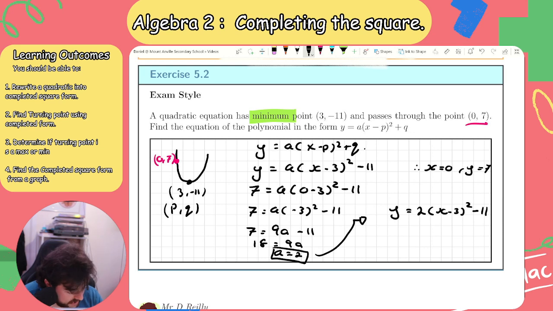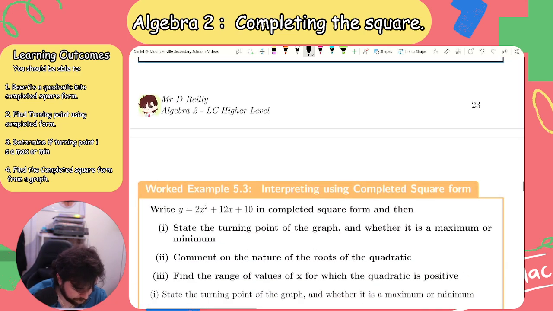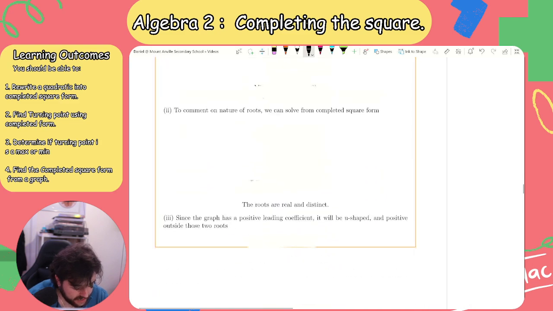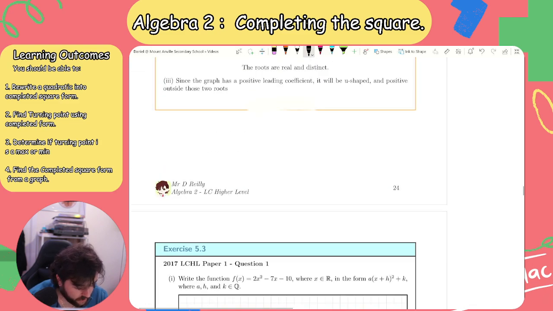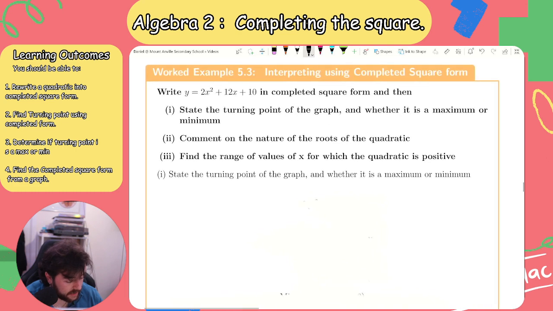And that's the completed square form there. And this makes sense because it's a minimum, so a has to be greater than 0, which checks out for us. Right, so let's look at some questions now that involve us interpreting a completed square form.